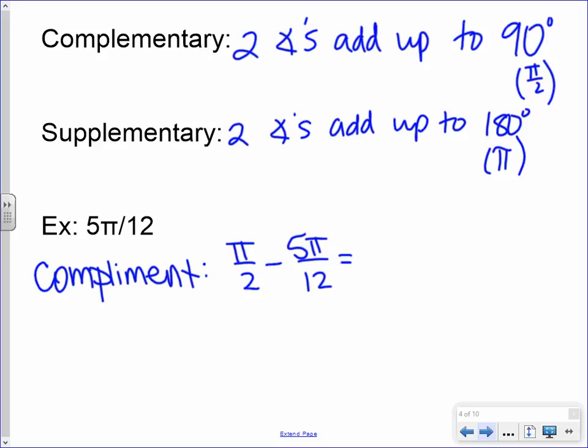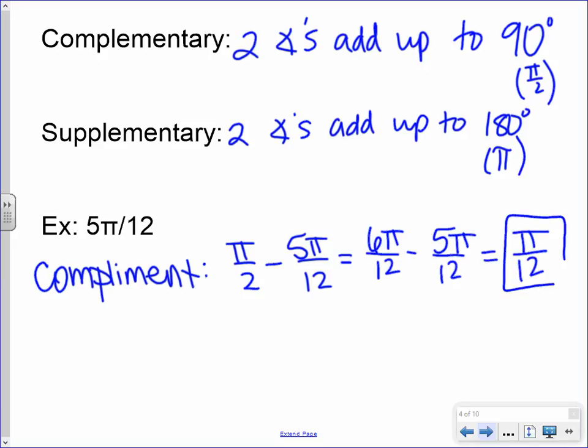All right? So if we make this a common denominator of 12, we have 6 pi over 12 minus 5 pi over 12. So its complement is pi over 12.